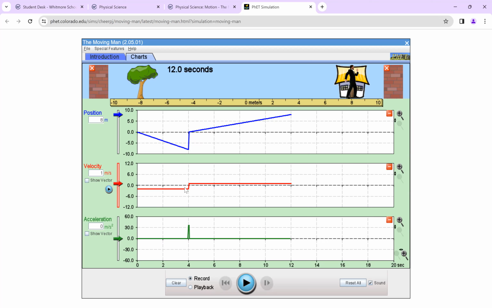I'm looking for words like above and below. In this region on the left, is it above or below zero? It's below zero. And how about in this next region? Above zero. Okay. So that's what they're trying to get you to see. It has negative velocity, then positive velocity.